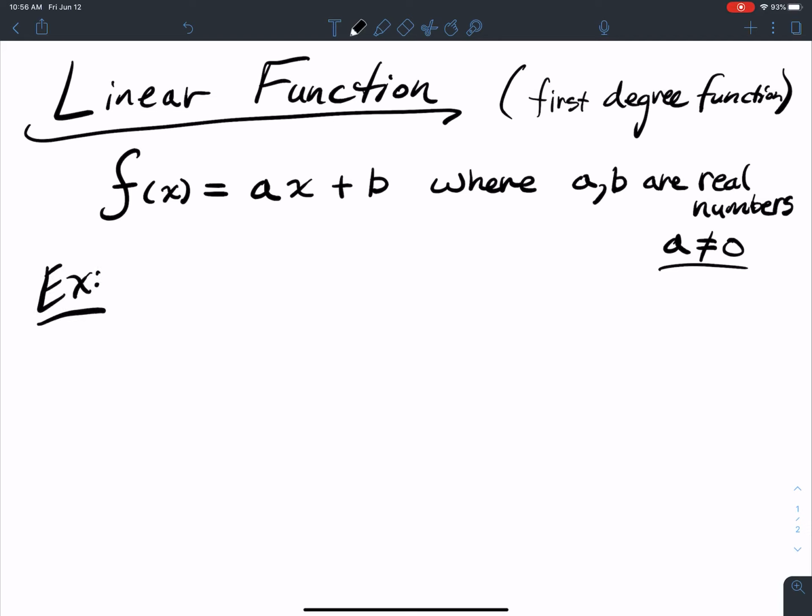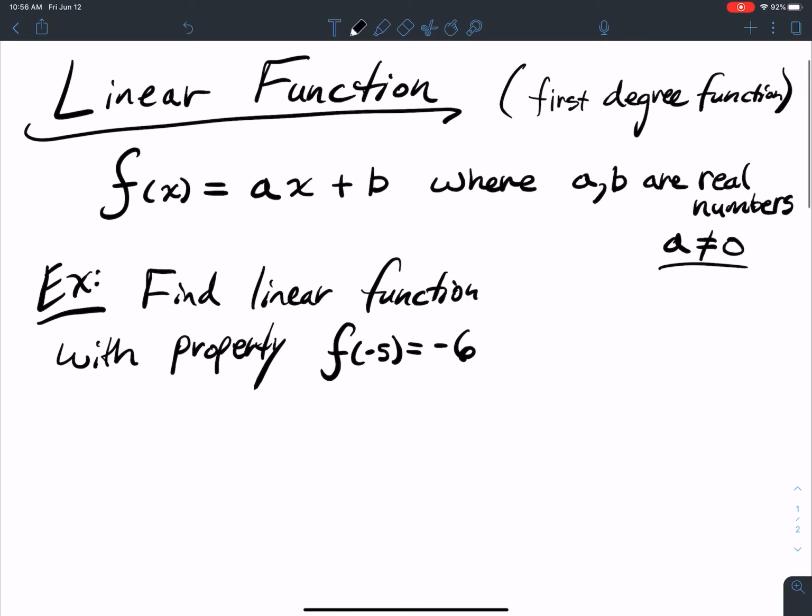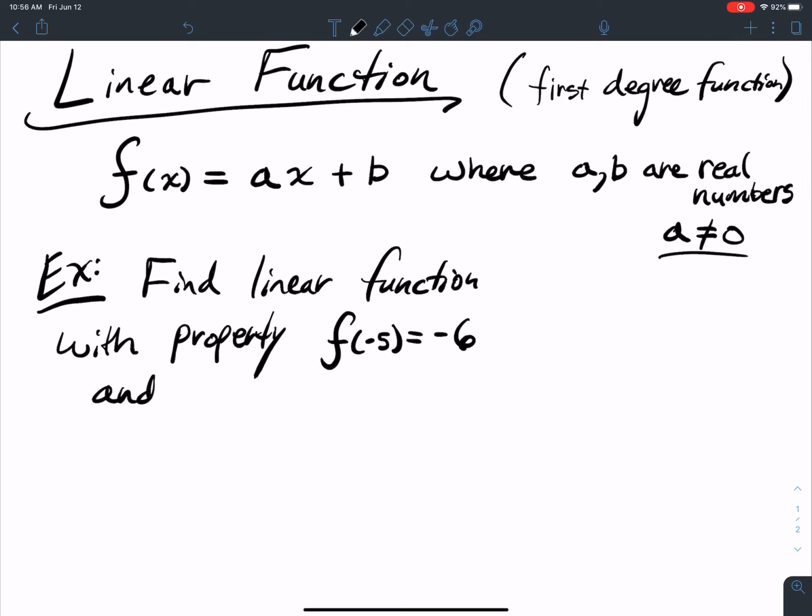An example that I want to go through is I want to find a linear function with the property f of -5 equals -6, and the slope of f is equal to 1/4.